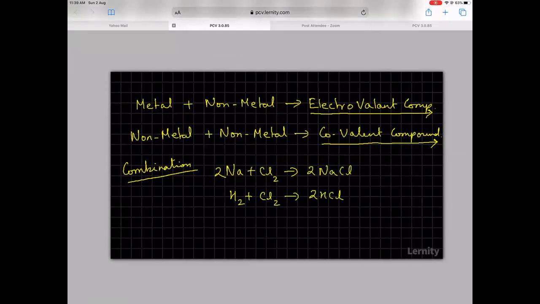Carbon plus oxygen forms carbon dioxide. These are all examples of combination reactions. Why do elements react? Elements react so that they have a complete octet.